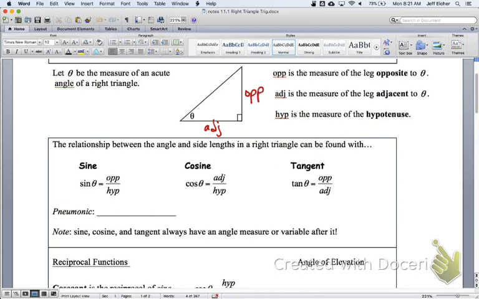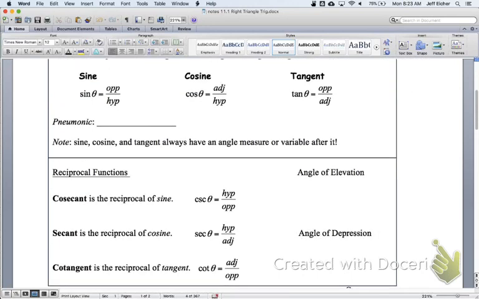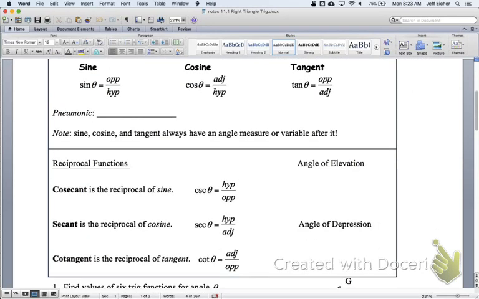And the mnemonic that I'm guessing you'll remember is, can anybody say it for me? Anybody? Anybody out there? So the sine is opposite over hypotenuse. So that's the opposite hypotenuse and sine ratio.